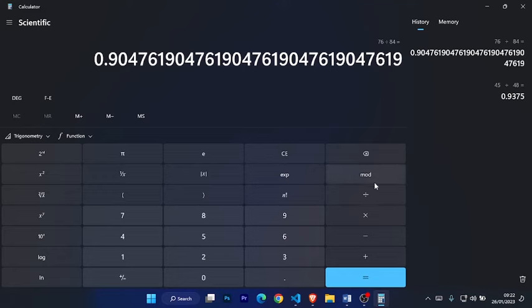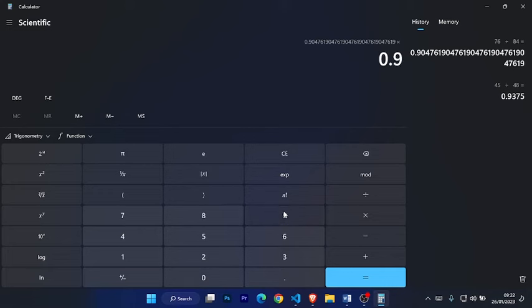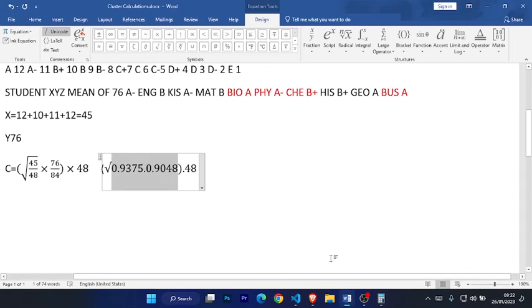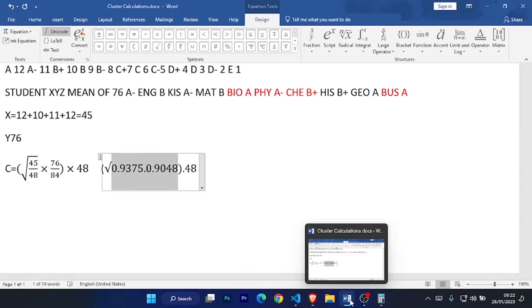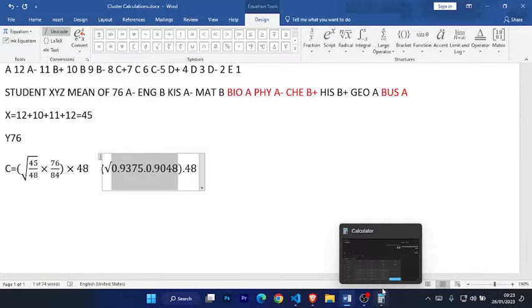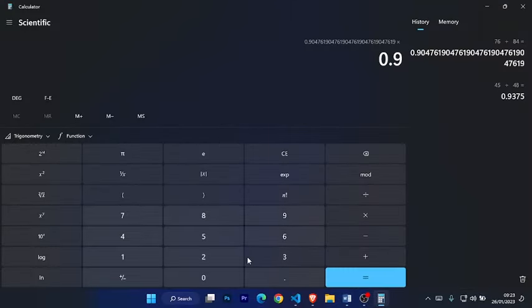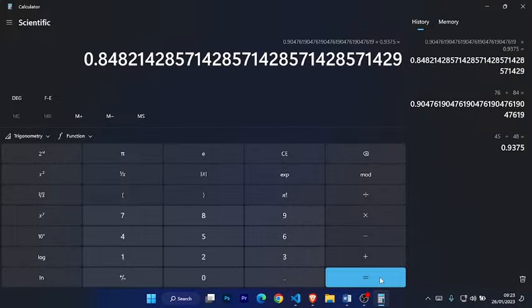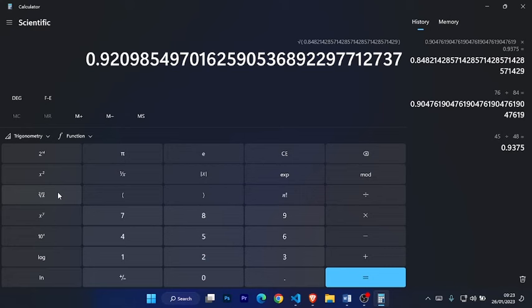So we can just use this answer here and multiply it by 0.9048. So we get the answer as 0.84821. Now we want to find the square root of this. So the square root we get is 0.92.